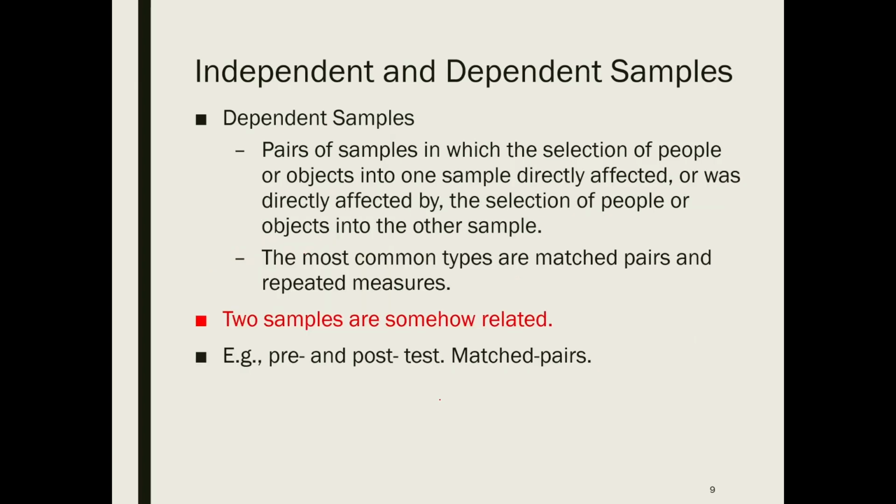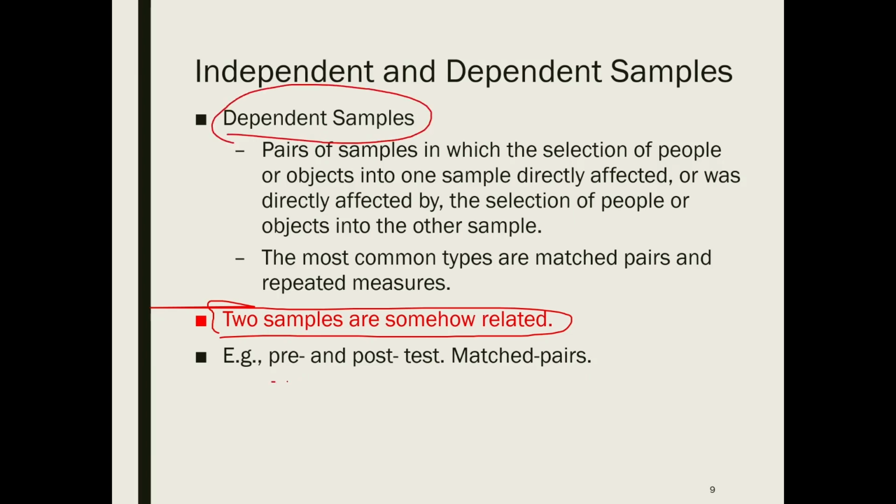The dependent sample means that the two samples are related by some means. Most often you will see the dependent sample test in the pre and post test. For example, I have a classroom that has an average stats score of 70 in the midterm.